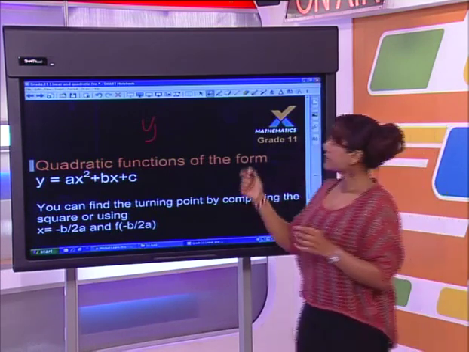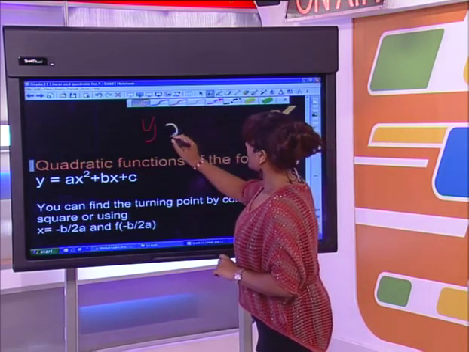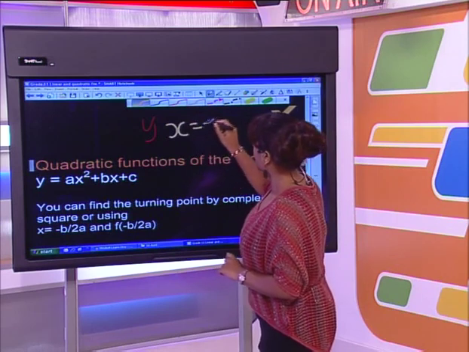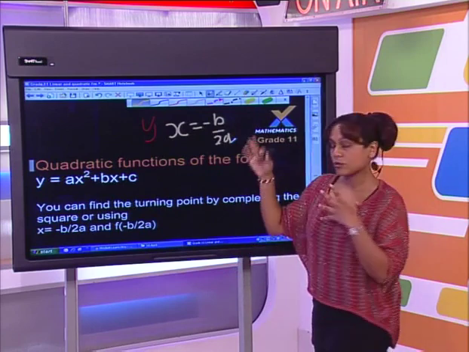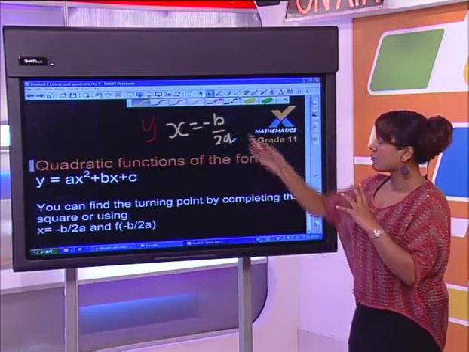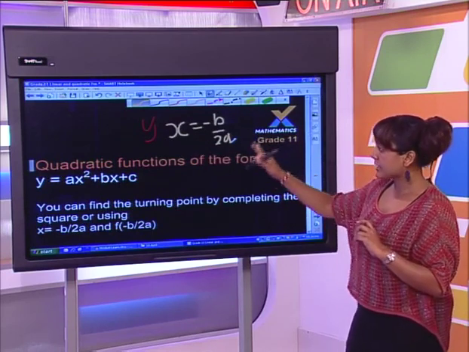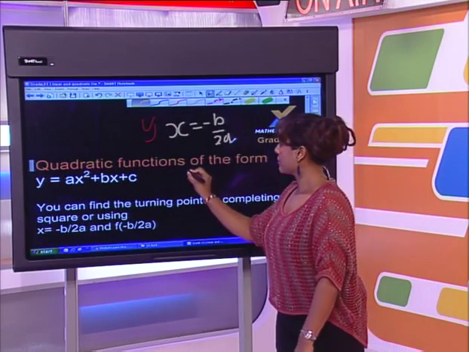All right, so x is equal to minus b all over 2a. That is also going to give you the axis of symmetry, or the p part of your turning point. Once you've got that value for x, substitute that value into your equation and work out the corresponding y value.